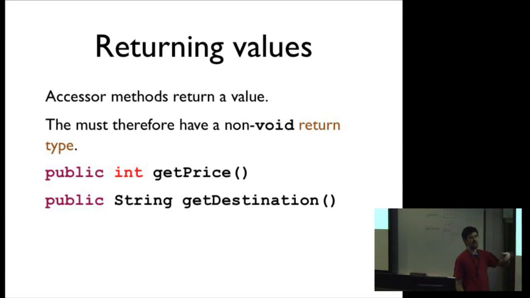Depending on what kind of data we want to get back, we have to tell it what type the data is going to be. If we have a mutator method that doesn't return any data, then we give the type void. Void means there is no return type.